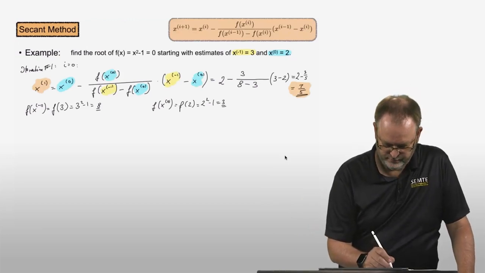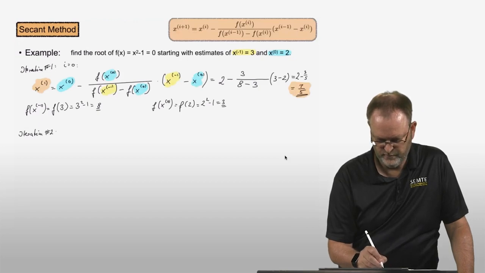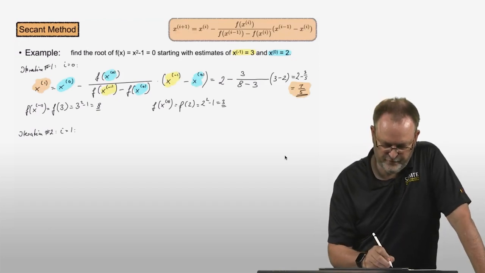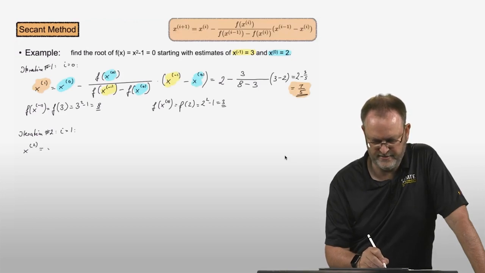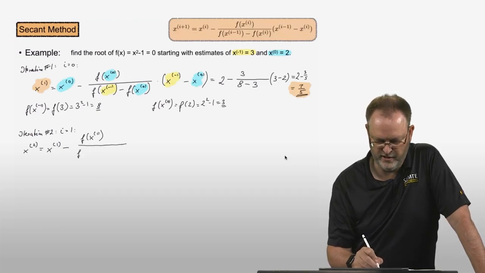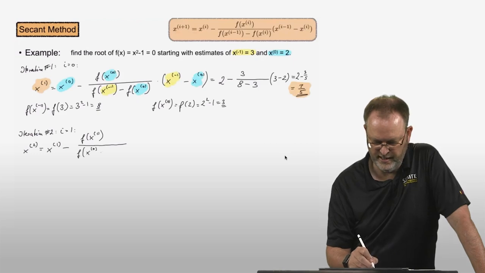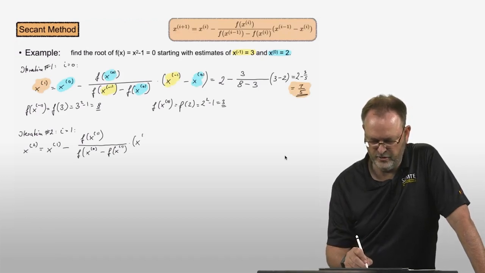Iteration number 2. Let's do one more. So i is equal to 1, which means my update formula is simply x2 is equal to x1 minus f of x1 divided by f of x0 minus f of x1, I'm just advancing the index i by 1, times x0 minus x1.